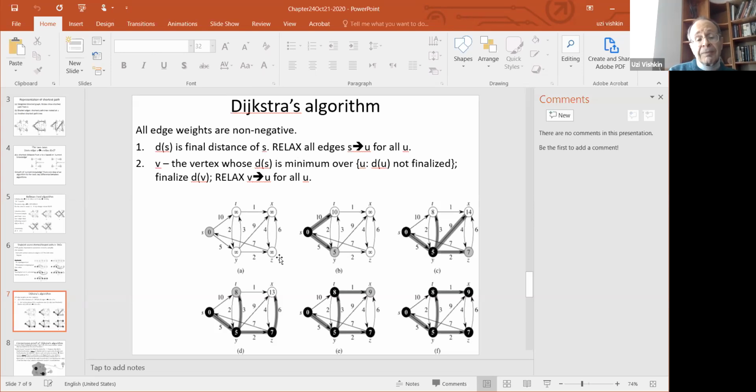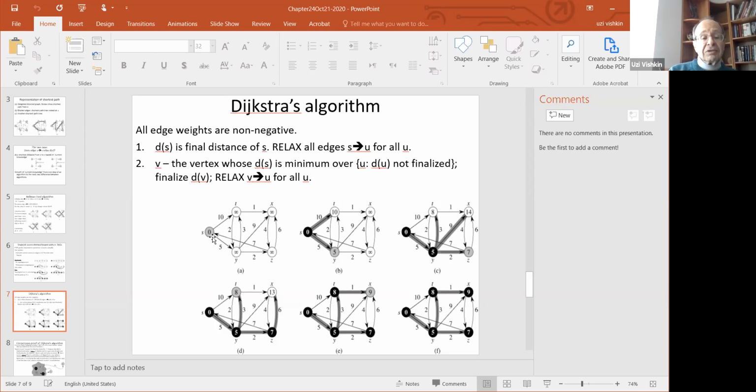So what we do, we go over all the edges that exit S, and we try to relax. So clearly, if we can reach any vertex here, assuming that we have a finite weight or length on the edges, we are always going to beat infinity.